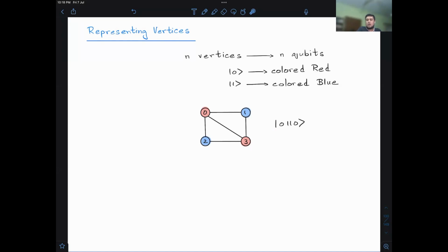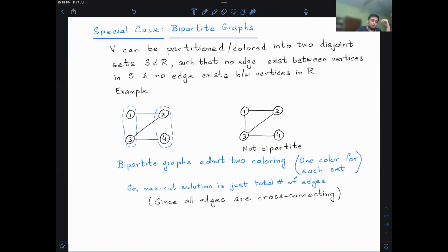Now we have to figure out how we use additional qubits to represent edge information about a given graph. Before we do that, let's restrict our attention to a special case of the set of graphs that we'll consider, i.e. bipartite graphs.